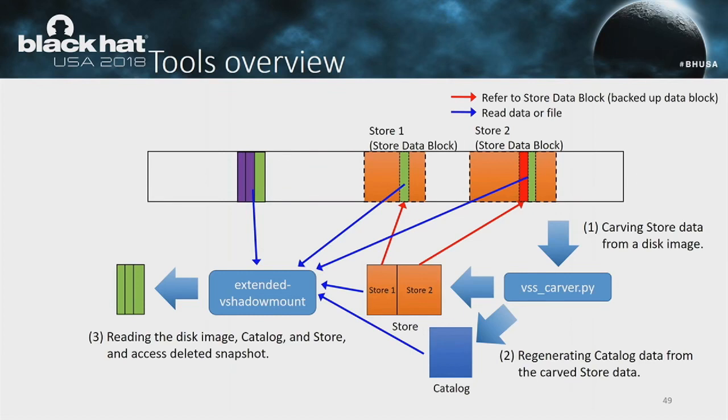At first, carve the store from the disk image by using vsscarve.py. Then regenerate the catalog. And finally, extended vshadowmount combines the disk image with other information to access deleted snapshots.